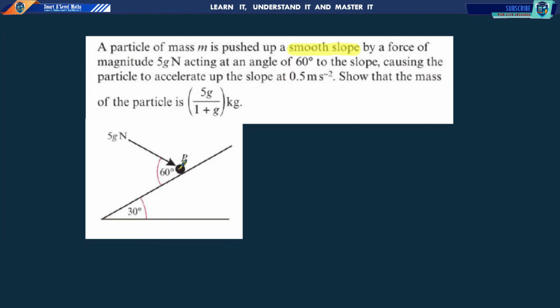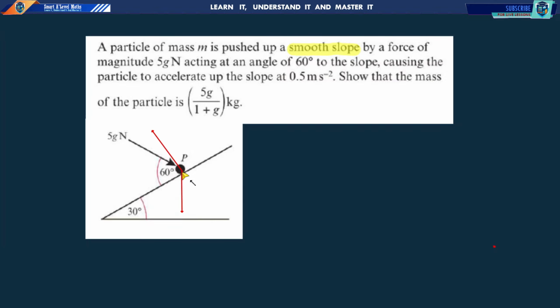So using this diagram given to us here, we will include some necessary forces that will allow us to go on. One is the normal reaction and the weight of the body acting perpendicular to this surface. So this will be giving me the normal reaction, and here it must also give me the weight.